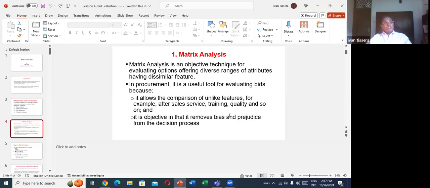So the objective is we must remove the bias part and prejudice part, and come to a reasonable basis without prejudice to evaluate different options.